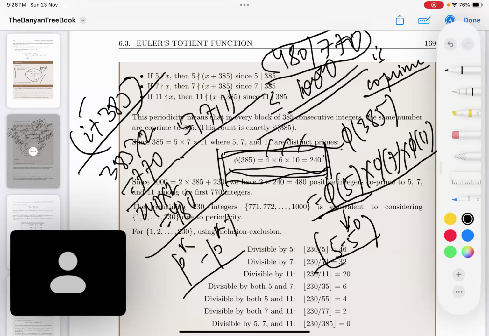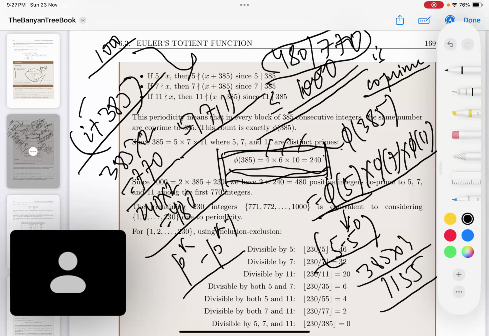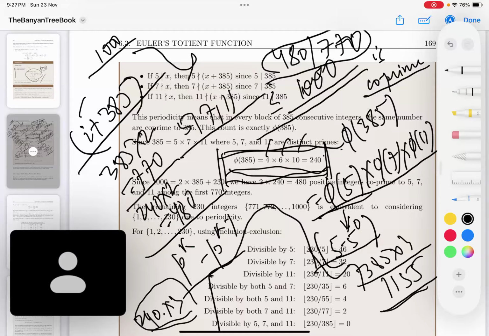But we don't have to go up to 770 but up to 1000. 385 times 3 is 1155, so we have to subtract. We know 240 times 3 is the total number of coprimes within 1155. Correct?